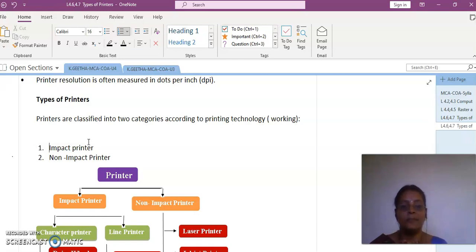Whereas in the case of non-impact, the head will not come and touch the paper. There is a technology which can transfer the information onto the paper by means of carbon ink or some sort of printing ribbon. So impact means the printhead has to touch the paper. Non-impact means there is no requirement for touching.